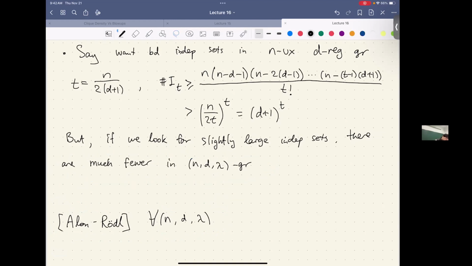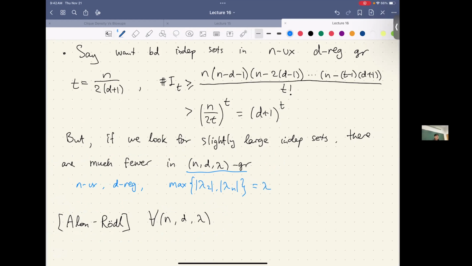So let's recall, this is an n vertex d regular graph, and the maximum of the eigenvalues lambda 2 through lambda n in absolute value is lambda.